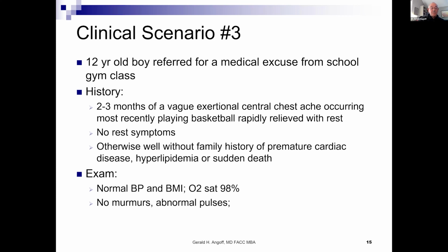His examination was normal: oxygen saturation, no murmurs, pulses all normal, and his EKG was normal.